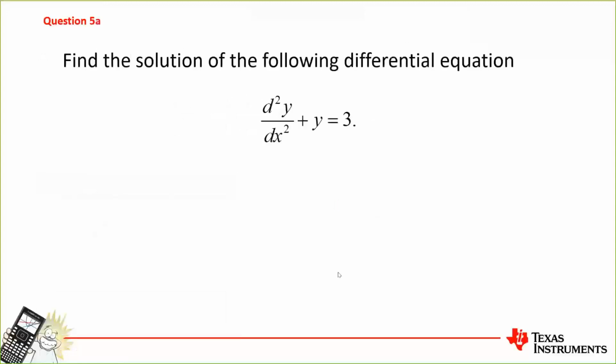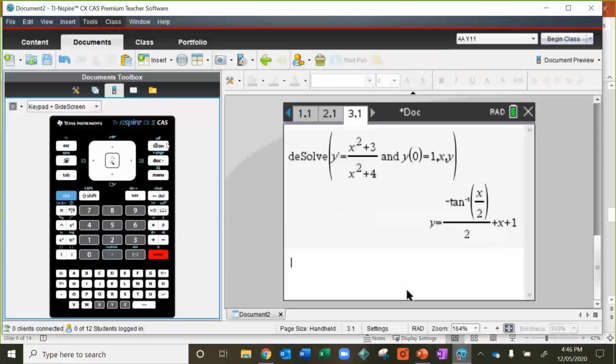Let's move to solving a second order differential equation, and again we'll solve two types. One where we are expected to get a general solution, and one where we'll be getting the particular solution. So we'll do it on a calculator and we'll discuss.